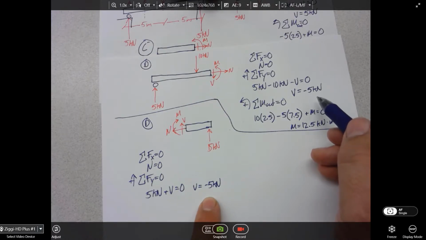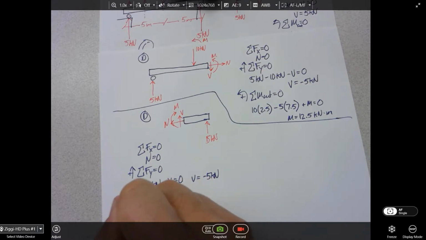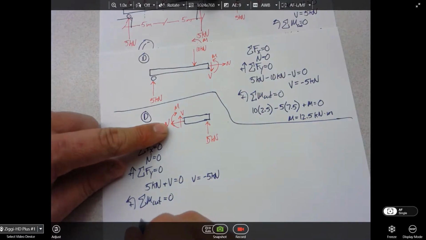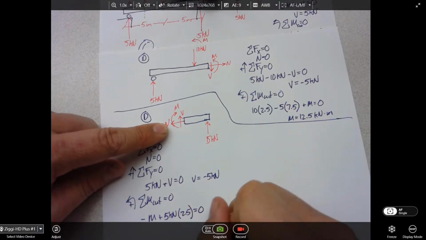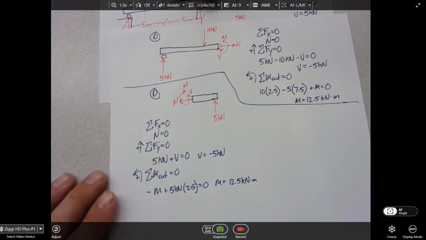So the shear has switched directions. Okay? And if we sum the moments about the cut, counterclockwise as positive, I'll have negative M plus 5 kilonewtons times 2.5 equals 0, or M is equal to 12.5 kilonewton meters.